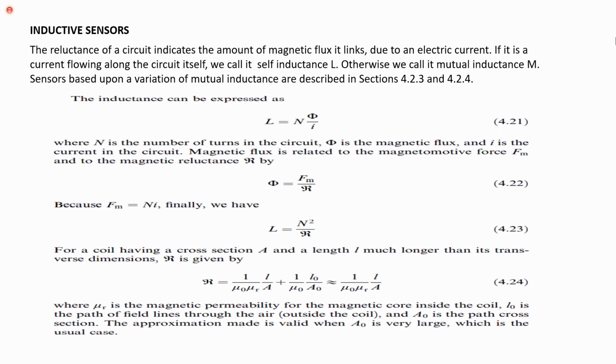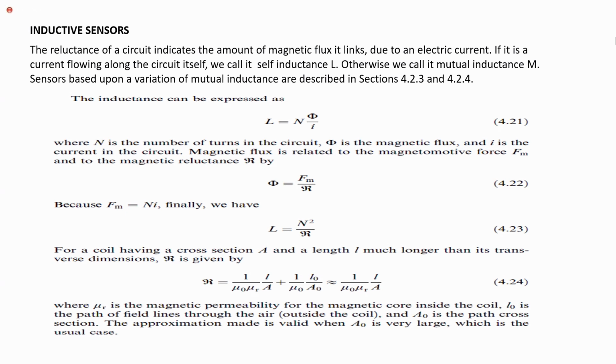In LVDT, in the primary coil, we allowed current flow so that we got magnetic flux. If we vary that current, the flux will vary. That is called self-inductance.